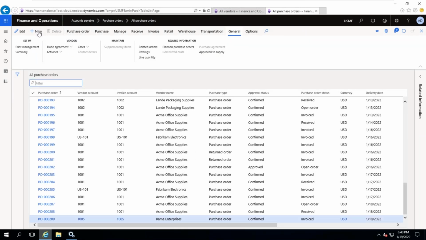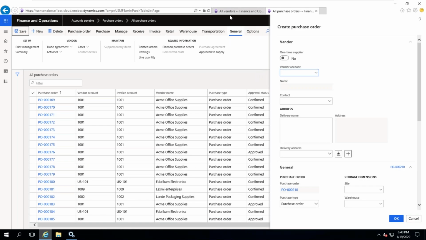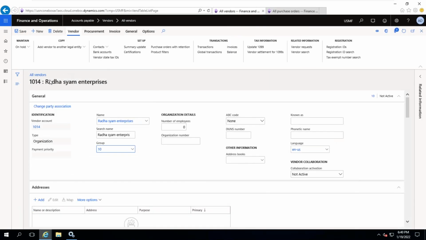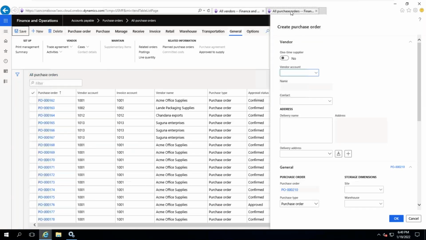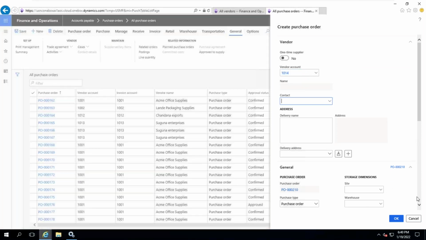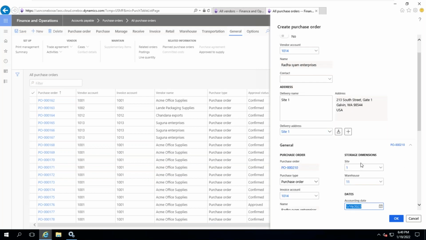Click on the new button. I hope everyone is practicing. If you are facing any challenges while practicing, let me know. So I'm selecting 1014, Radha Shyam Enterprises. I'm selecting site and warehouse, click OK.